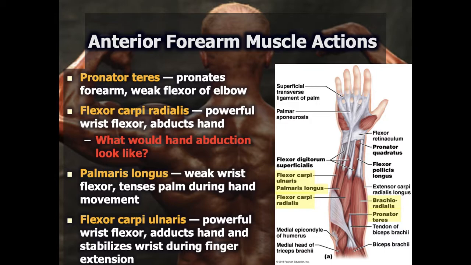The palmaris longus is a weak wrist flexor because he's still in that compartment, but he really helps tense the palm during hand movement. So he helps hold everything here together because he is pulling on this palmar aponeurosis. Okay, so that tendon-like sheet that's covering your palm. Okay, so it helps stabilize things.